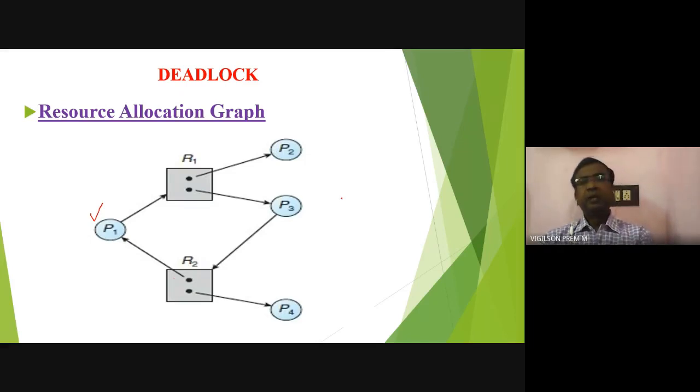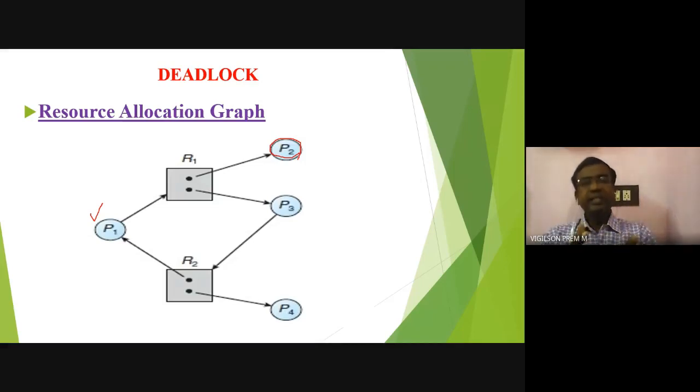Now consider P2. P2 is using R1 and it is not waiting for any resource. So at one stage, definitely P2 will complete its work because it is holding only, not waiting for any resource. That means it is printing but does not want any more resources.